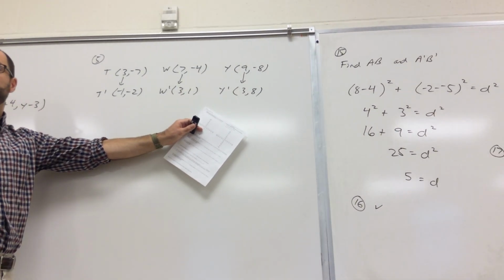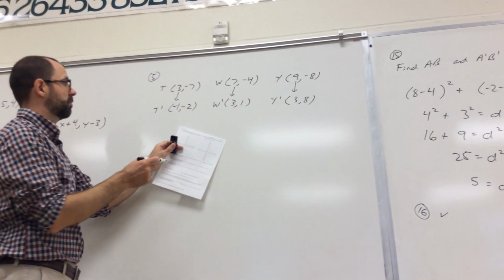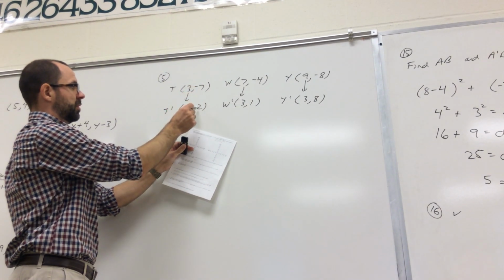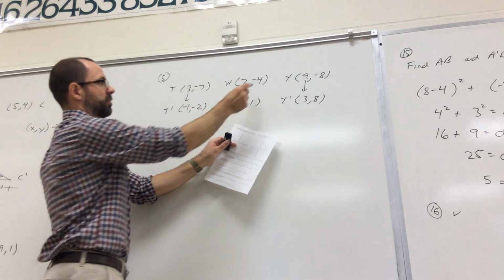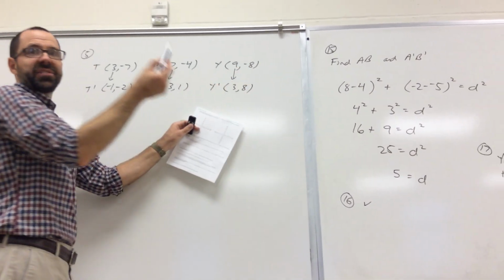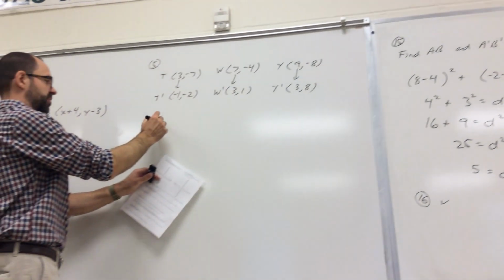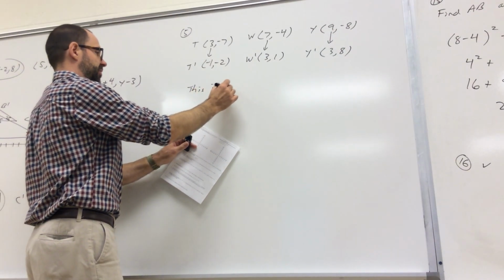And the y's are messed up too? Yeah, -7 to -2 is adding 5, and -4 to 1 is adding 5, and then that one's adding like 16 or something. Okay, so the answer is this is not a valid translation.